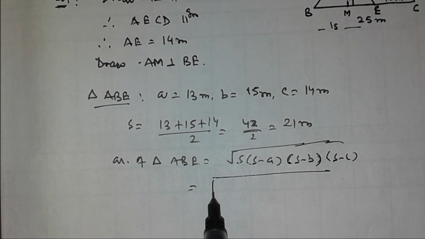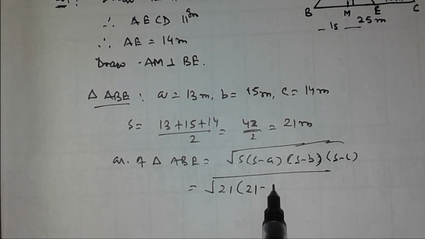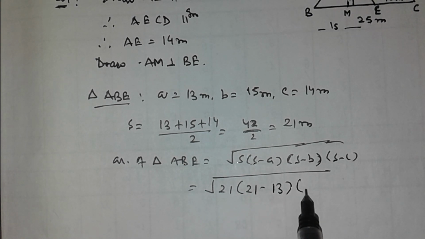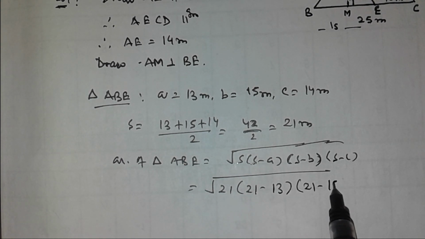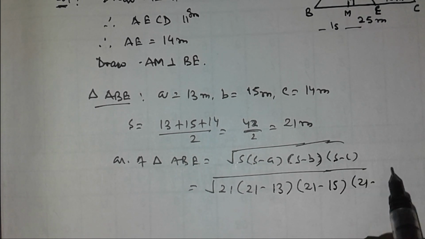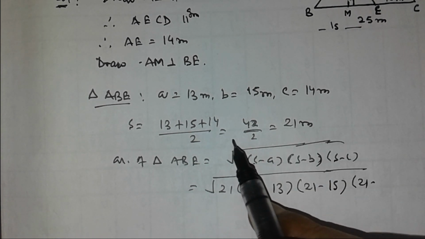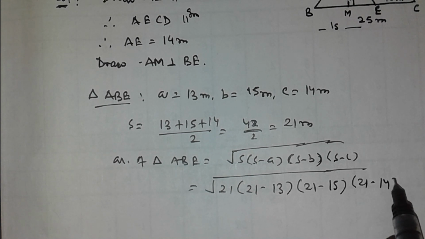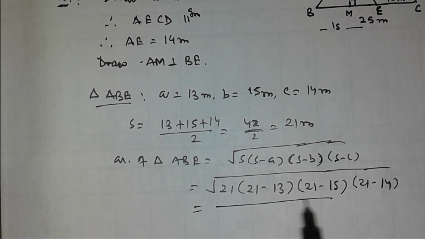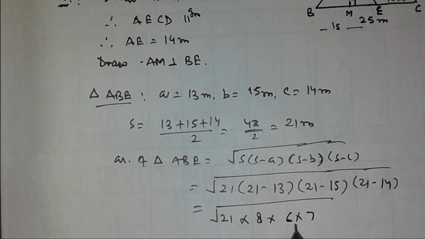So put the value here, 21. 21 minus A is 13, 21 minus B, that is 15, and 21 minus C, that is 14. So you will see here it is 21 into 8 into 6 into 7.